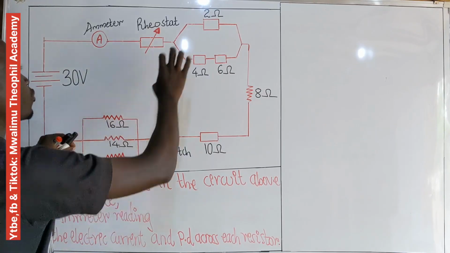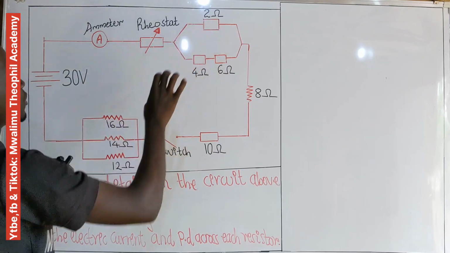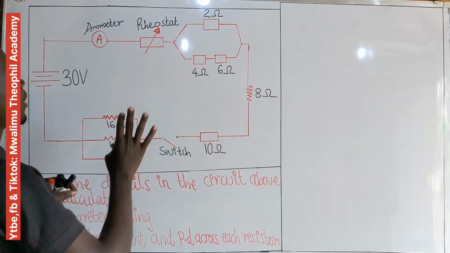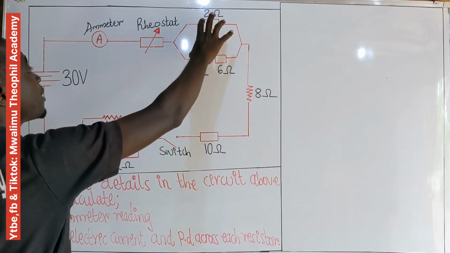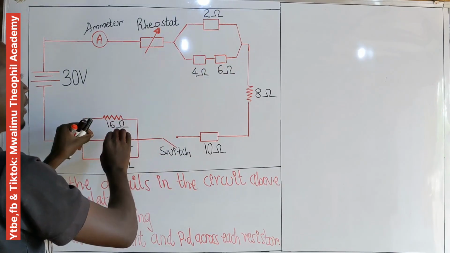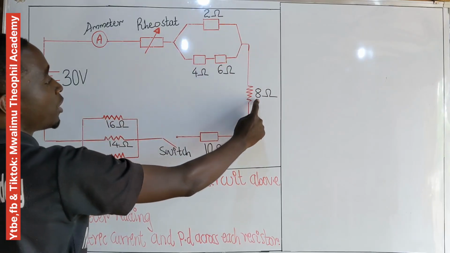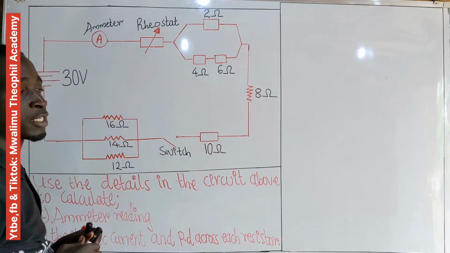When each of these two systems of parallel resistors is combined, we get a single resistor in each part, and each resulting single resistor becomes in series with the 8 ohm resistor and the 10 ohm resistor.